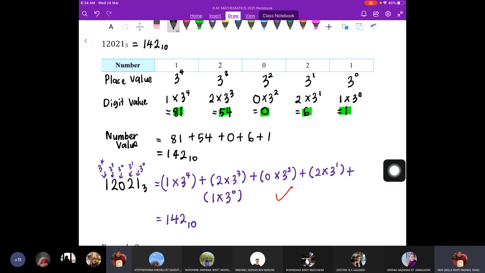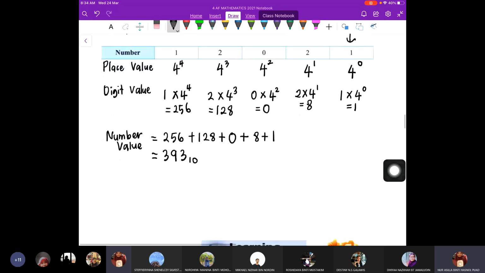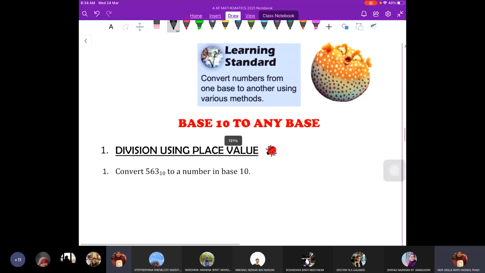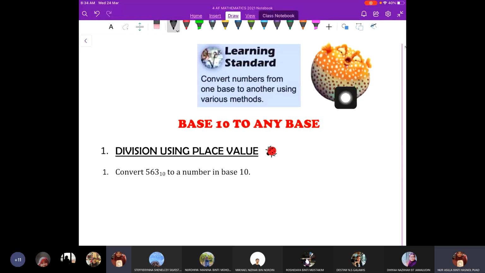Okay, now we're going to go into the second learning standard. So kita ada our puffer fish here. Sebab this will be a bit not challenging but a bit of fun as well sebab kita akan guna calculator later on. So the learning standard for the second one is to convert numbers from one base to another using various methods.